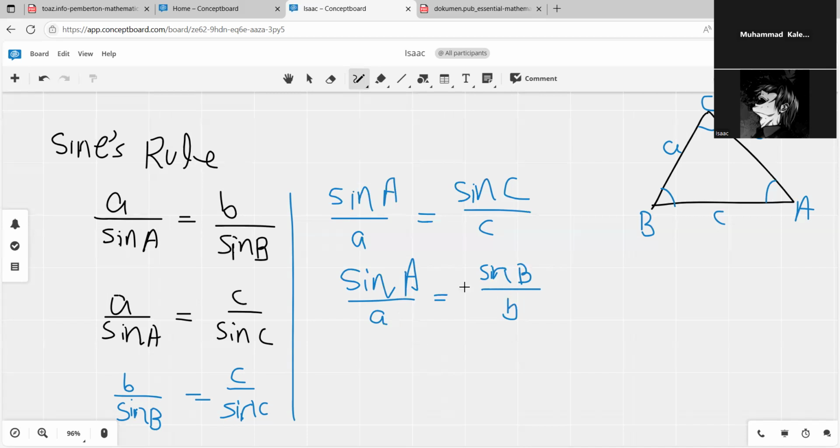If we don't have any concern with C, just ignore that one. We can take the angle in the numerator and the side in the denominator, but then be careful for the second fraction: we also have to take the angle in the numerator. If you take the side in the numerator and angle in the denominator, then for the second fraction, do the same thing. Do you understand this whole thing?